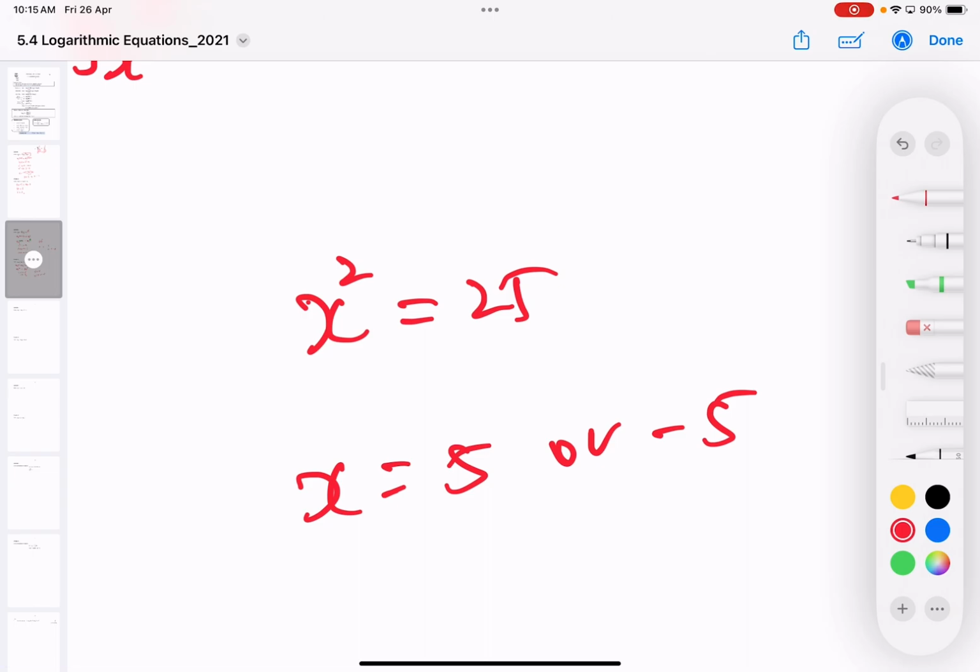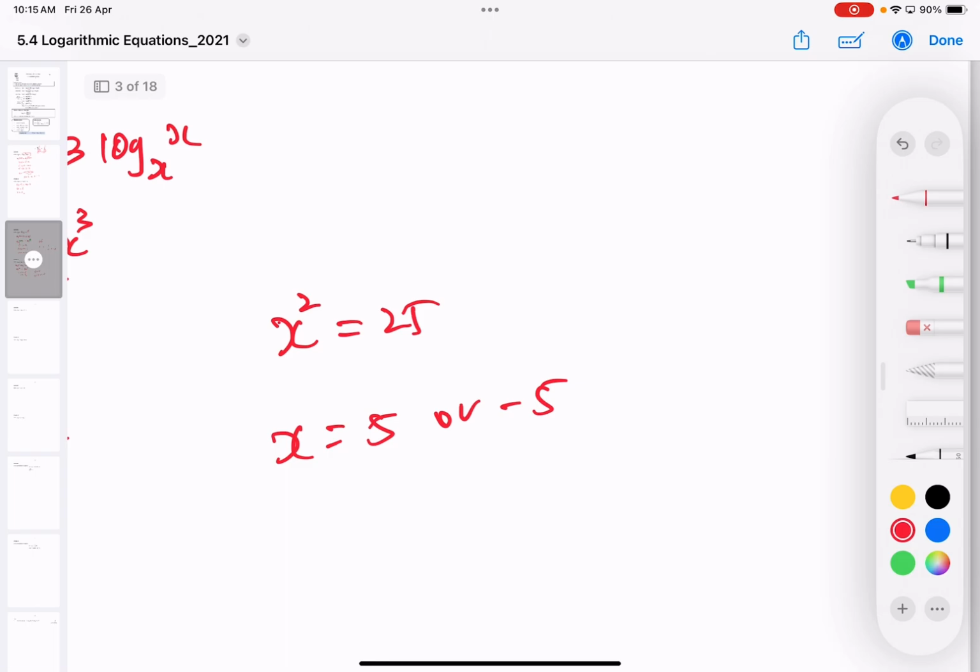But when the powers are odd, that means 1, 3, 5, you only get one answer. Plus minus only happens when the powers are even. So if this is to the power of 4, you will also get two answers, plus minus.